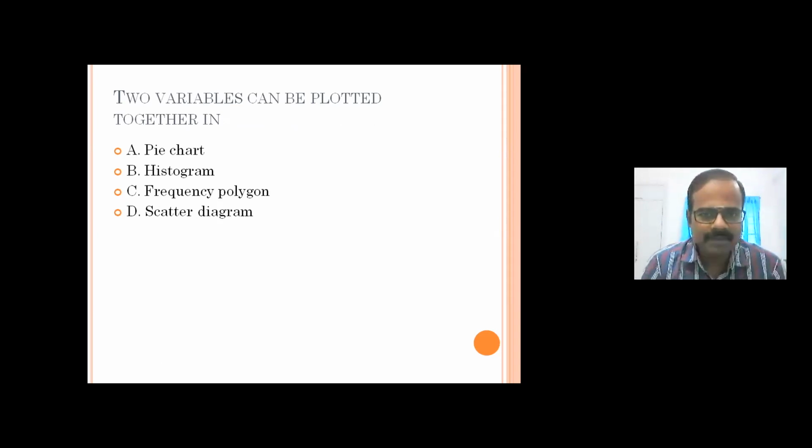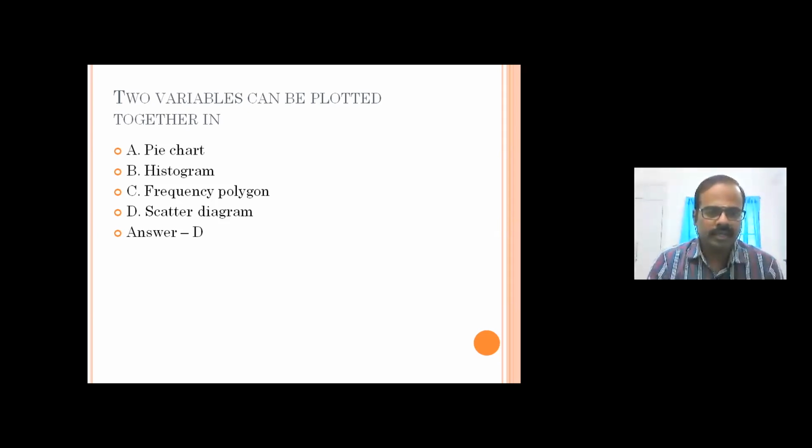Two variables can be plotted together. It's a tricky question, and the question goes to Kavya. The two variables can be plotted together in scatter diagram. Yes. So now you understood why I'm asking you the question. For pie chart, what type of data will you present? Qualitative data.